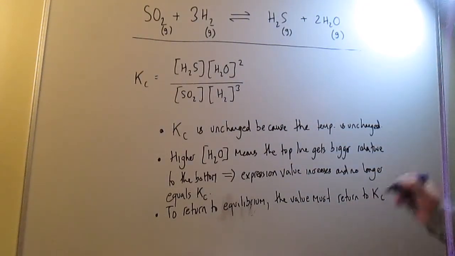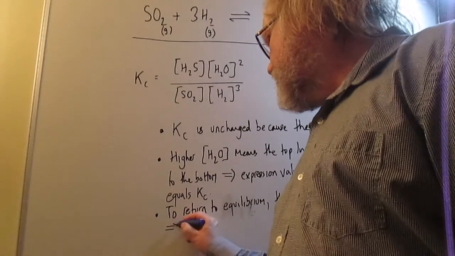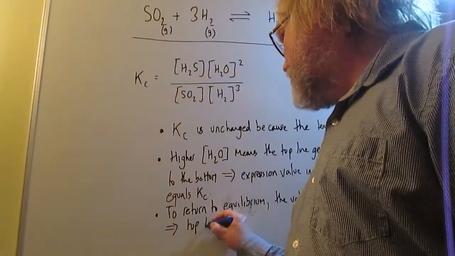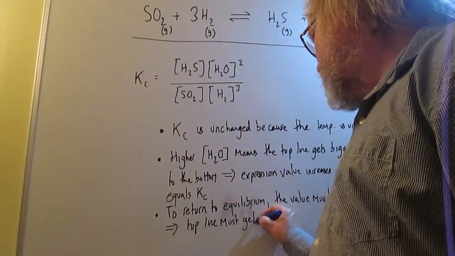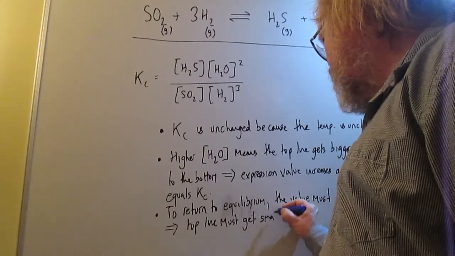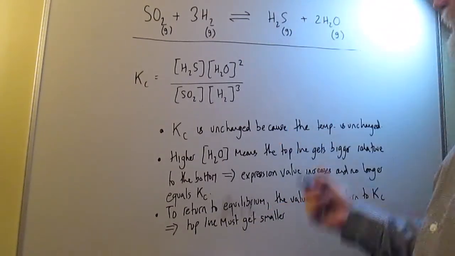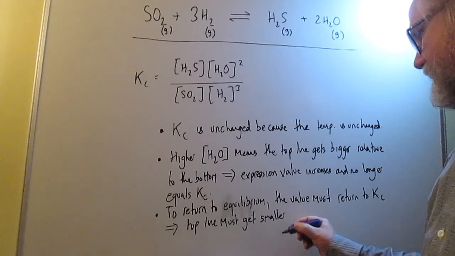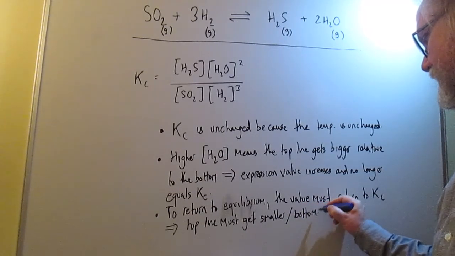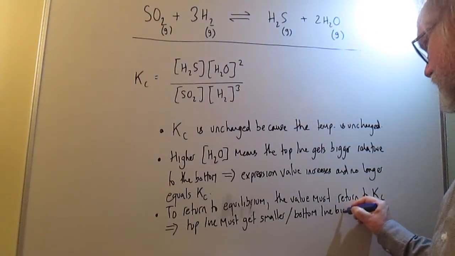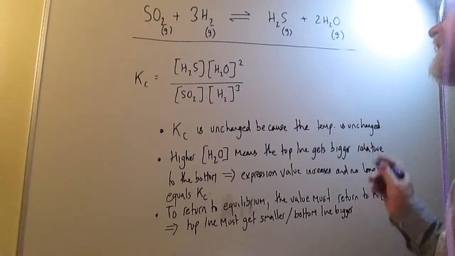and we know how to do that because we know it's got to get smaller, which means top line must get smaller and the bottom line bigger, because that will have the effect of making the value smaller again and getting back to Kc. So the top line must get smaller and the bottom line bigger. And how do you make the top line smaller?